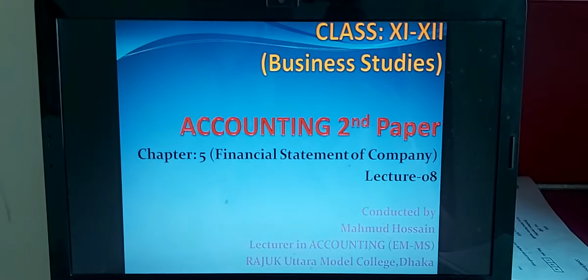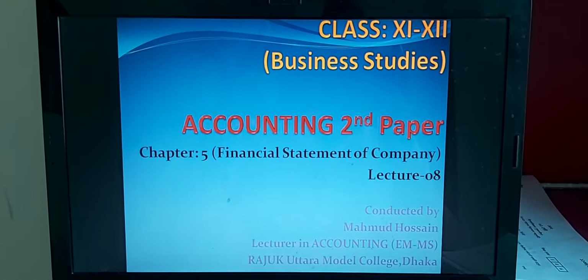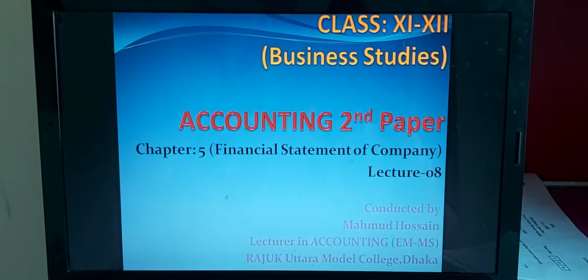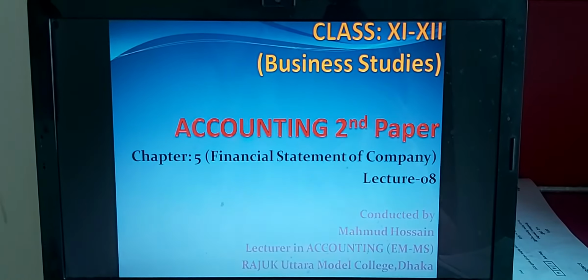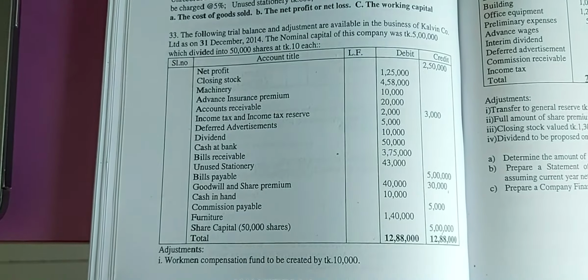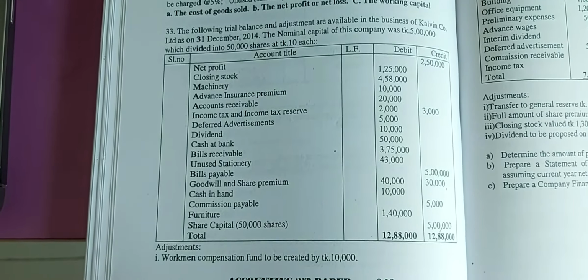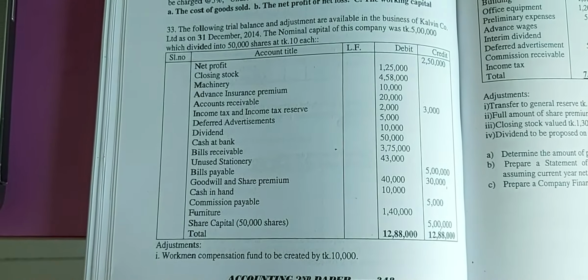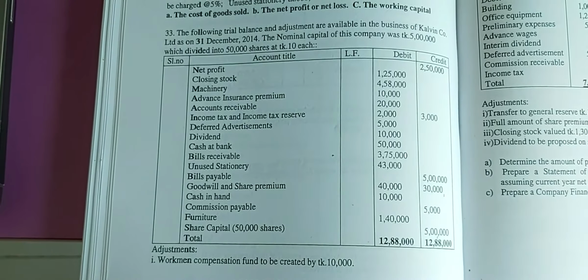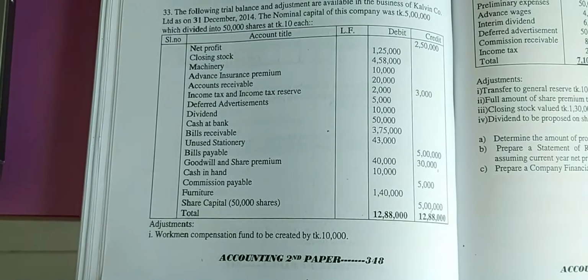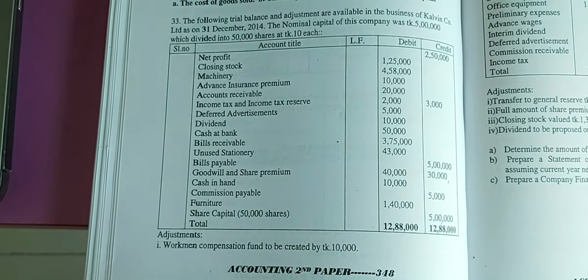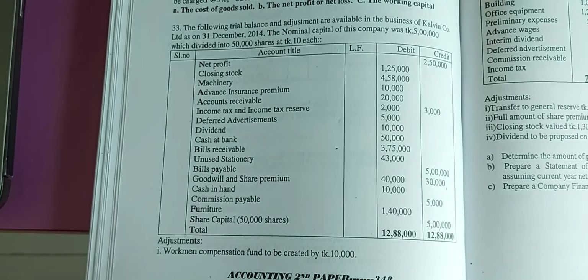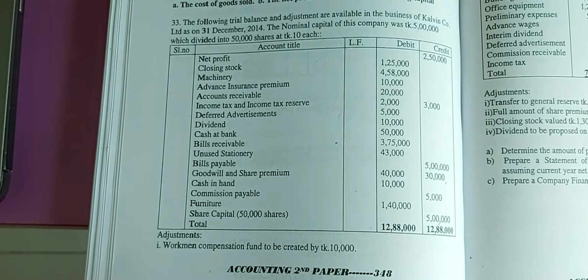I repeat again, open at page number 348, creative question number 33. Dear learners, I think you have opened your workbook, page number 348. Just I read it for the time being.